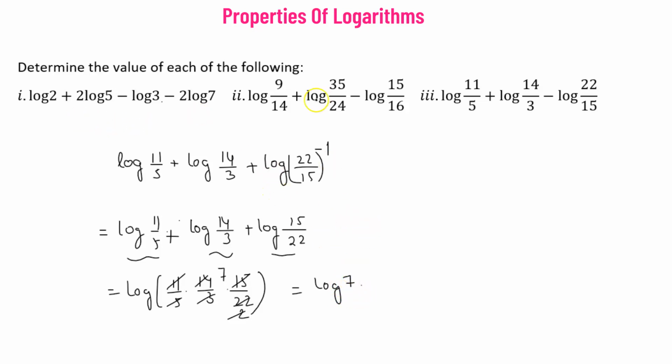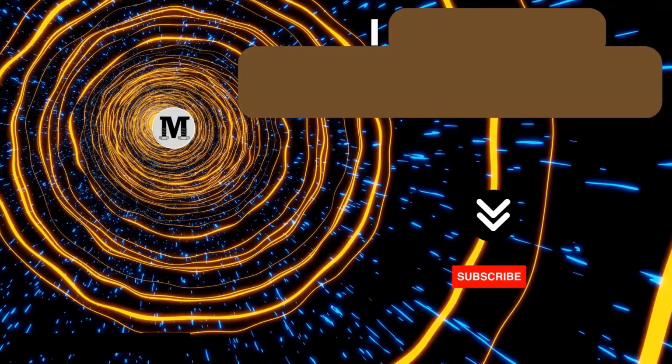Now we can use this methodology to also find out the value of this particular logarithm. So when we do that, this is going to give us log of 1, and when we have log of 1, regardless of what the base is, it could be 10, 2, 3, it doesn't matter, this value is always going to be equal to 0. So try it out as well.